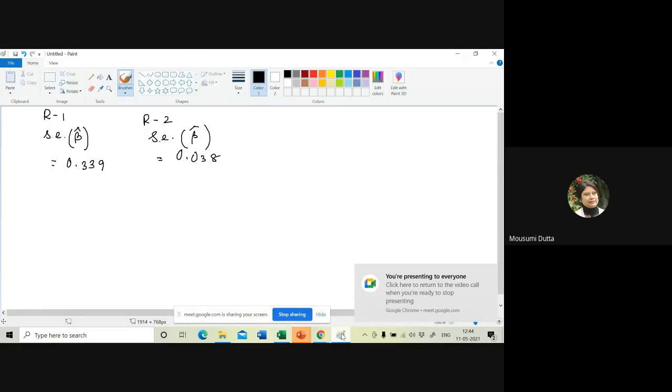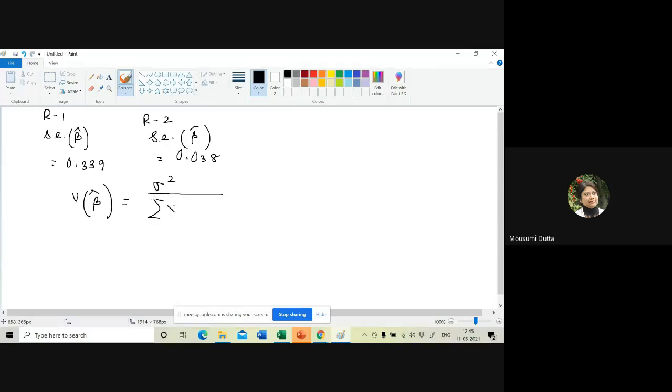Very good. So, if I write the formula for variance of beta hat, we can say that variance of beta hat varies inversely with variance of xi.